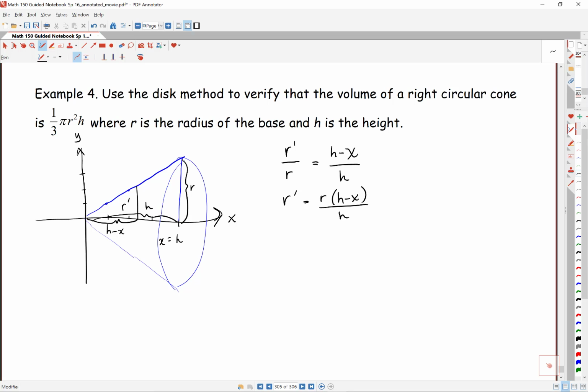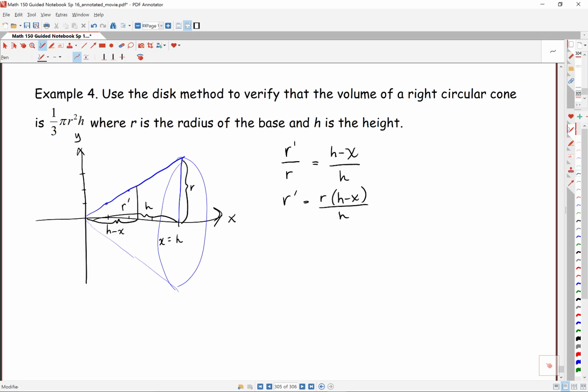Now let's talk about what is the volume of a cone. Or not the volume of a cone, I'm sorry, it's really late. Let's think about what is the area of this cross section here. So we want to figure out the area.